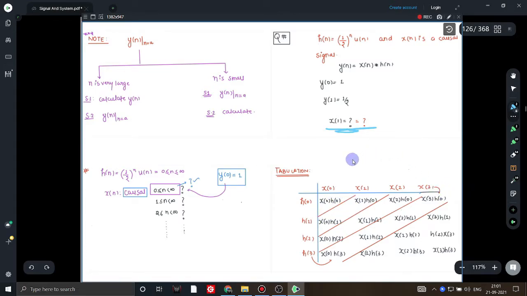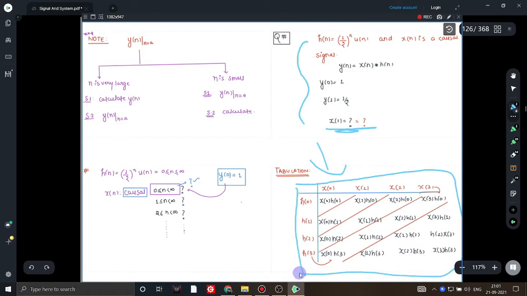It is x0, x1, and x3. In this question, we do not necessarily make the table till x3, because we can have the answer for this question till here, till x1 and h1.